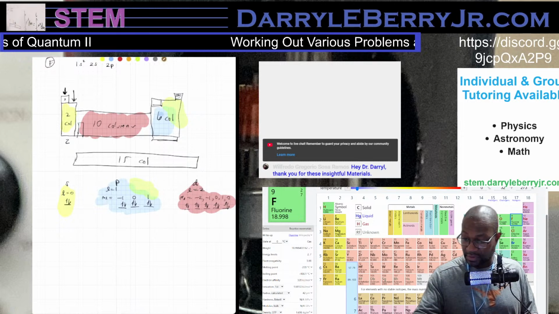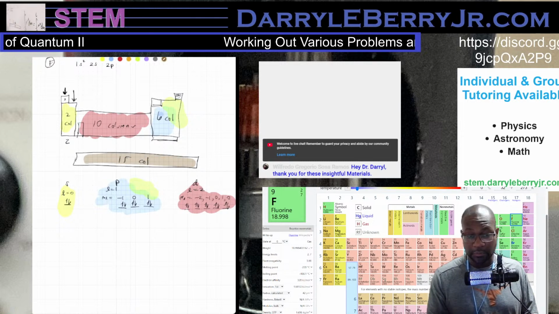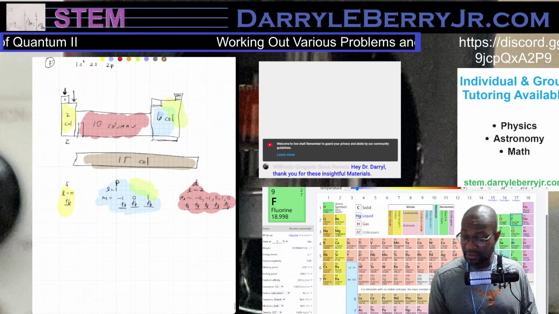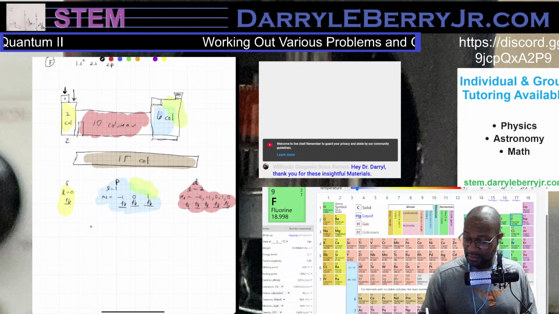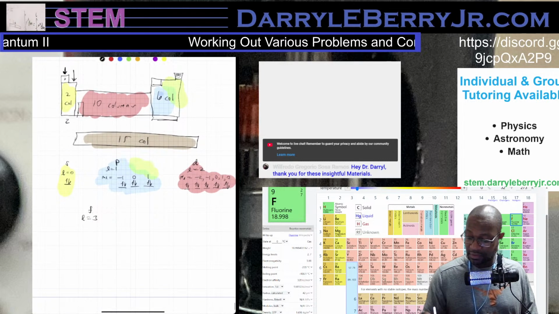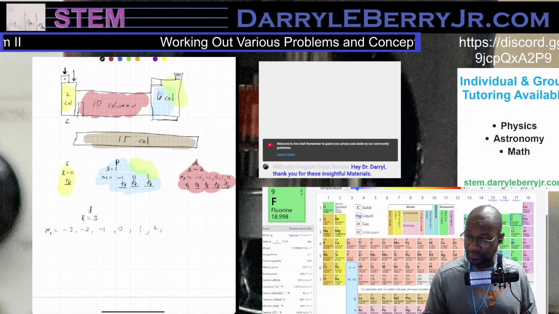And when we see these sort of brown pink ones down here, this will be the F configuration where L equals 3. We have ML equals -3, -2, -1, 0, 1, 2, 3.